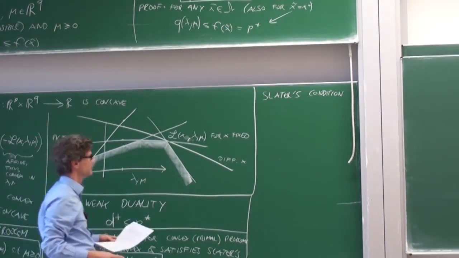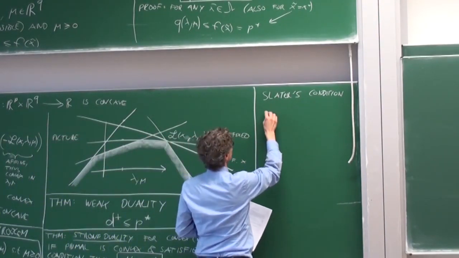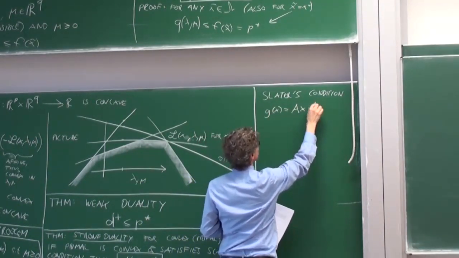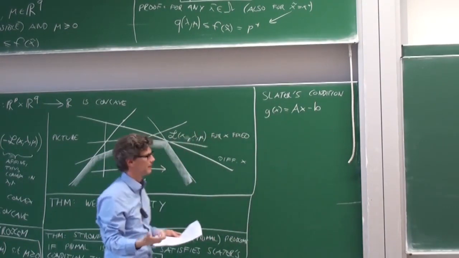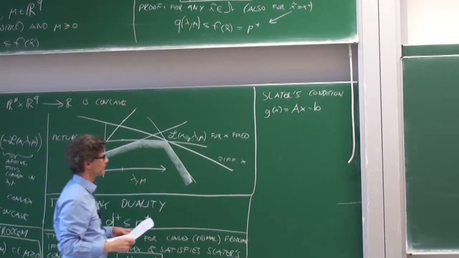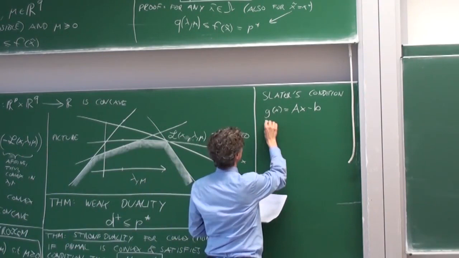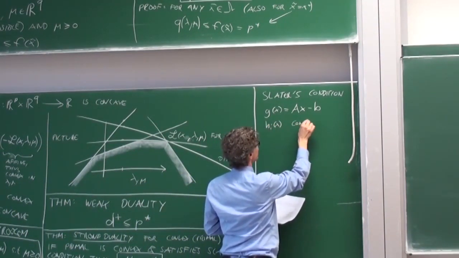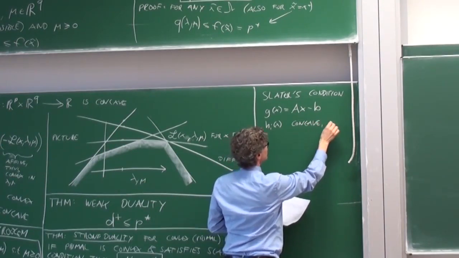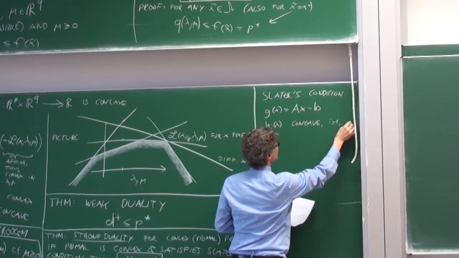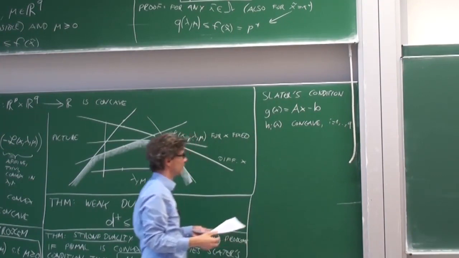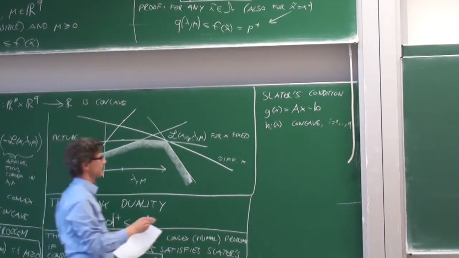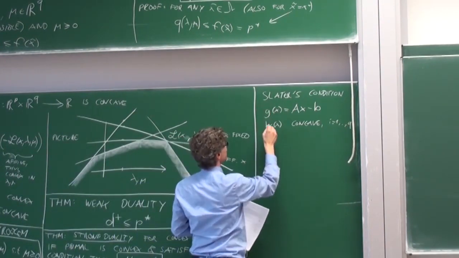Because it's a convex problem, we first of all know that g of x will be equal to ax minus b, so it will be affine, otherwise we don't have a convex problem, right? And h_i of x will be a concave function for i going from 1 to q, where q is again the number of inequality constraints. This is not yet Slater's condition, but it's just something we should keep in mind.